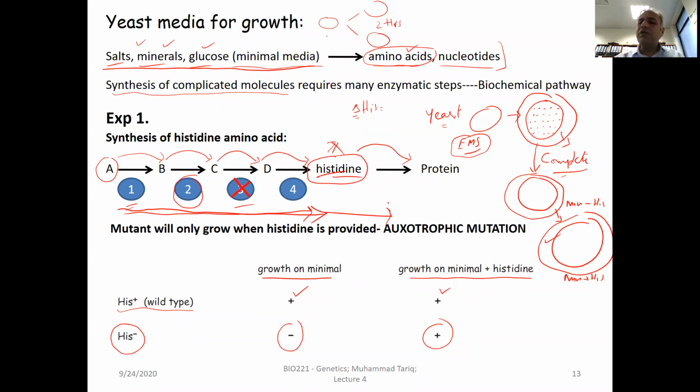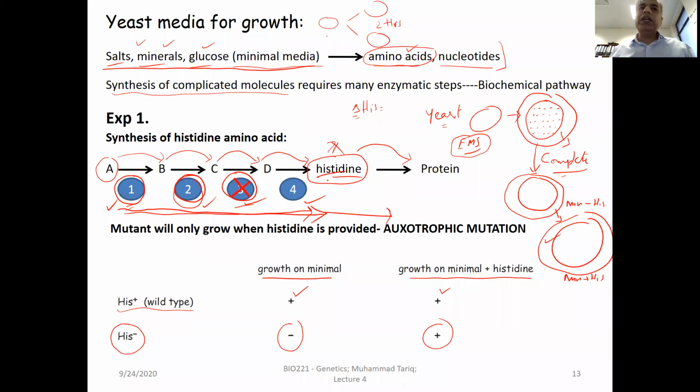How do we know whether the 10 mutants we have discovered are all in this gene, or since these are 10 mutants, one could be here, another in this gene, and others in other genes in histidine? How do we confirm this? How can we solve this before we move on to map the gene and clone the genes?